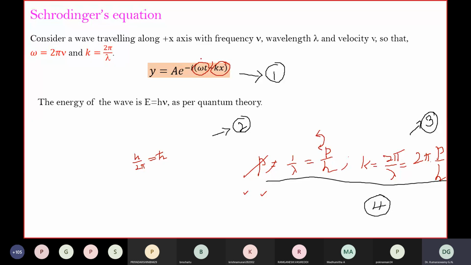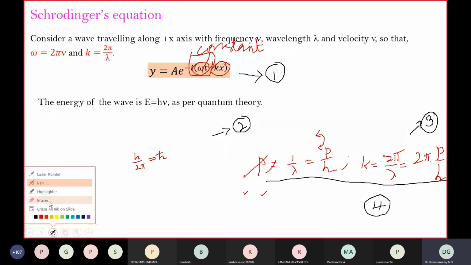In that case, we will have to call this a constant. When we make this a constant, instead of psi, we will get a different wave function. Let's see how it works, because in most cases we will be using that equation, not this equation.